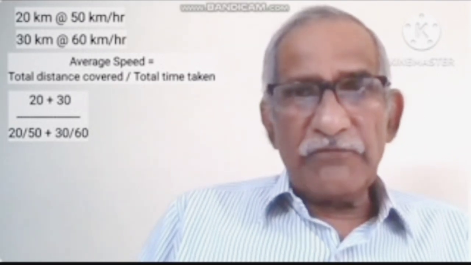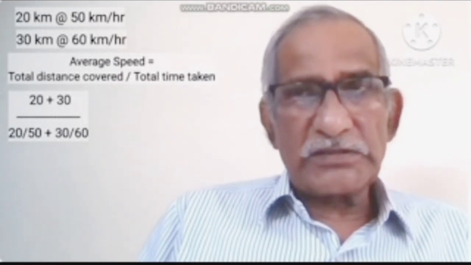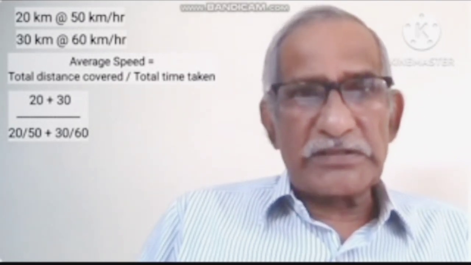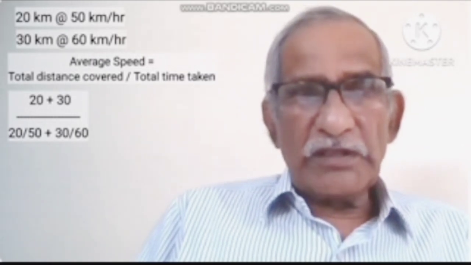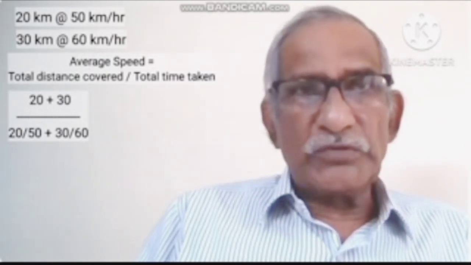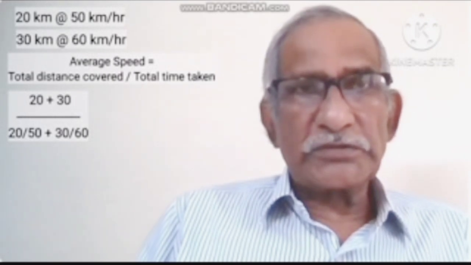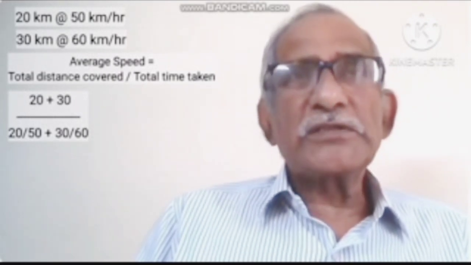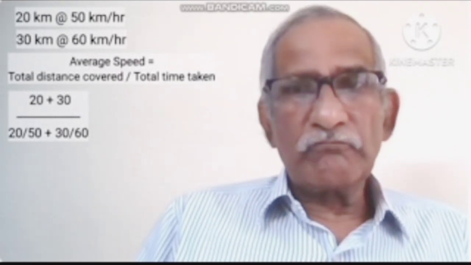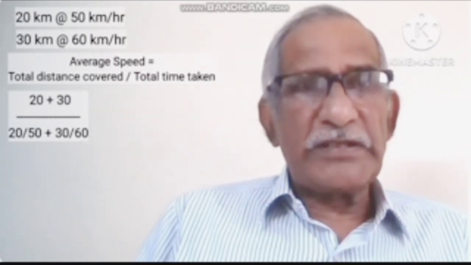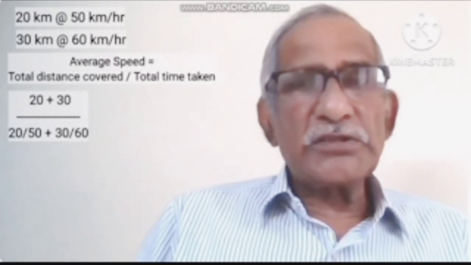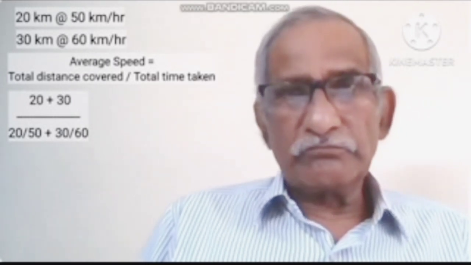So 20 by 50 plus 30 by 60. 30 by 60 is the time to cover 30 kilometers at the speed of 60 kilometers per hour. So 20 by 50 plus 30 by 60, this is the total time taken.